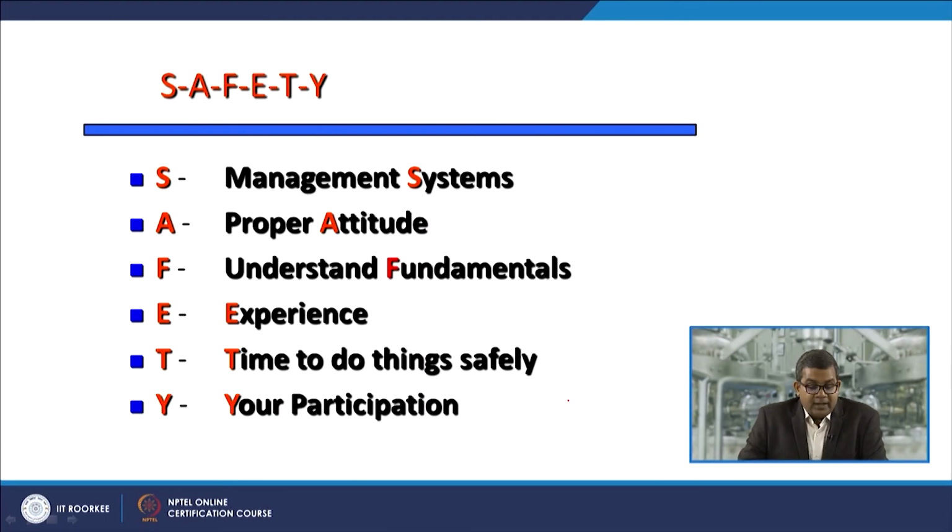Again, you may say safety is a very general notion, that it should have management support, it must have a proper attitude, you must have a proper understanding of fundamentals, and you must be properly experienced to handle such scenarios.